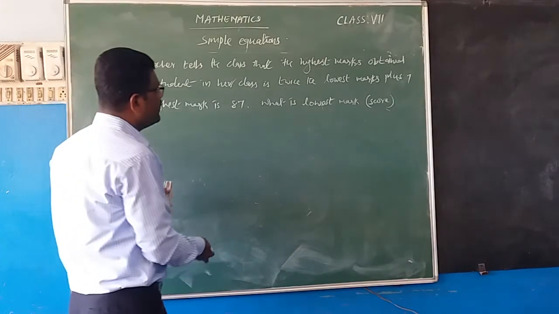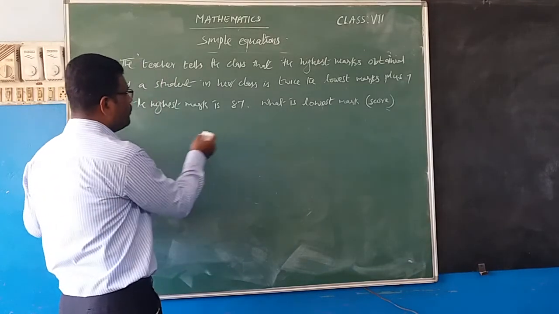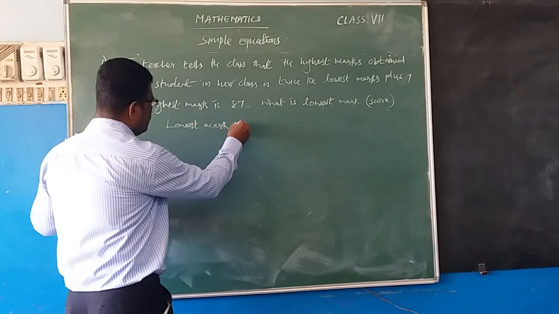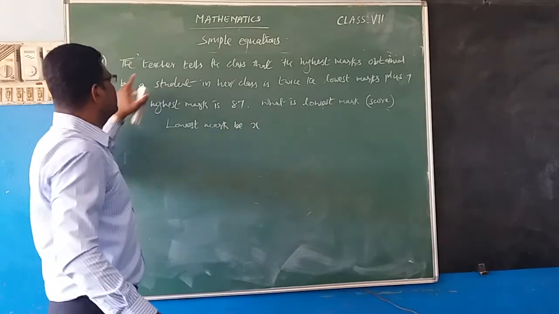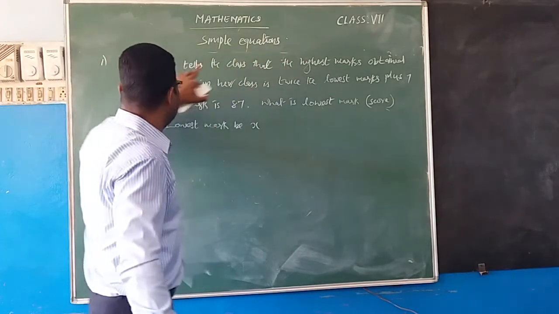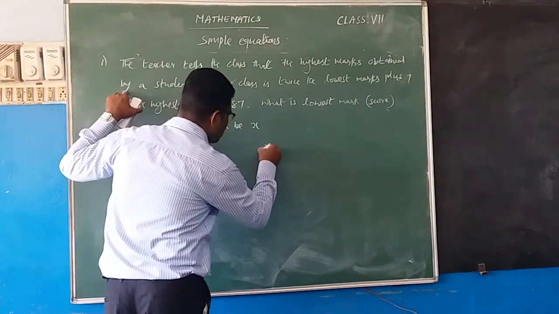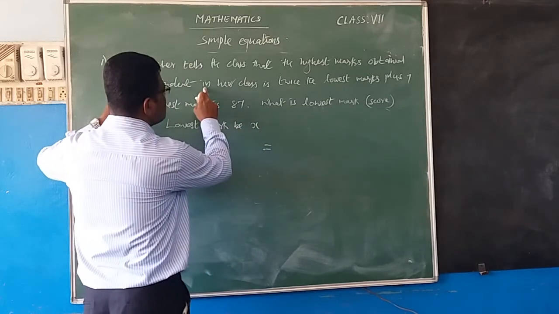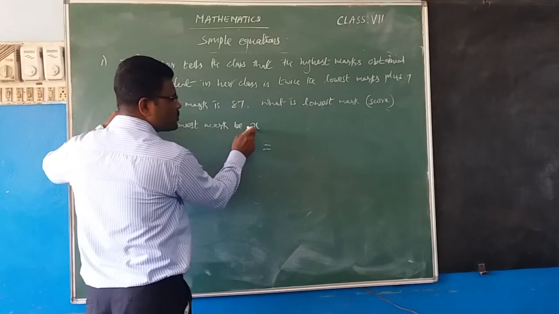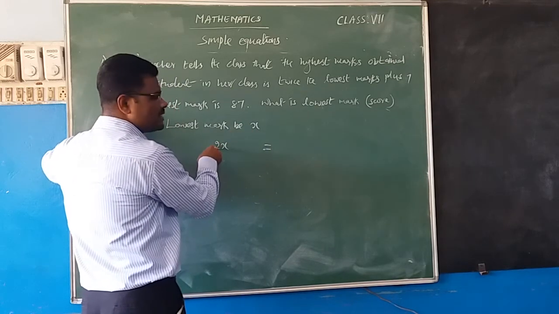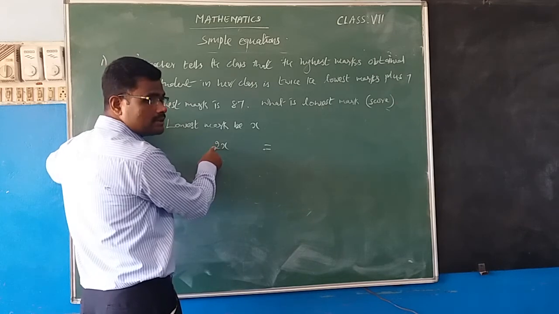So it is tricky. The lowest mark we need to find. So let the lowest mark be x. That is the first statement. The teacher tells the class that the highest mark obtained by a student in our class is twice the lowest score. The lowest score is x. Twice means 2x, once means 1x.